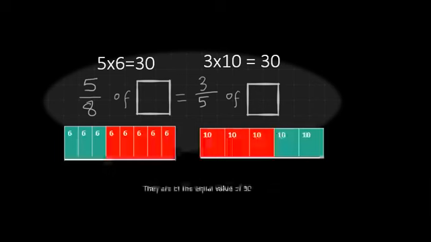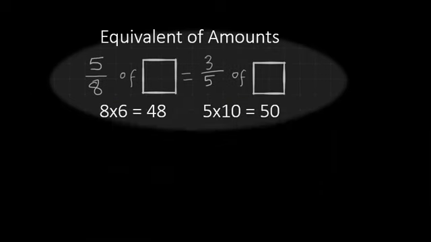So if we look at the previous one, 8 of these, 8 times 6, will give me the total amount here. And 10 times 5 will give me the total amount here. And that's what I've done. So 8 times 6 is 48. We know that. 5 times 10 is 50. And we've just found that out as well.